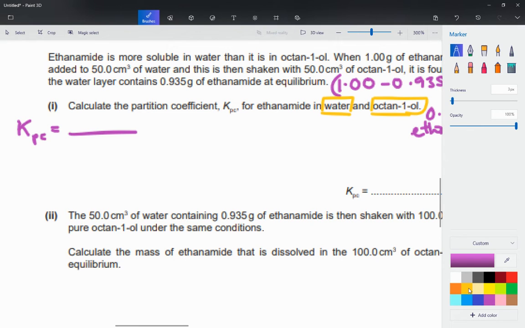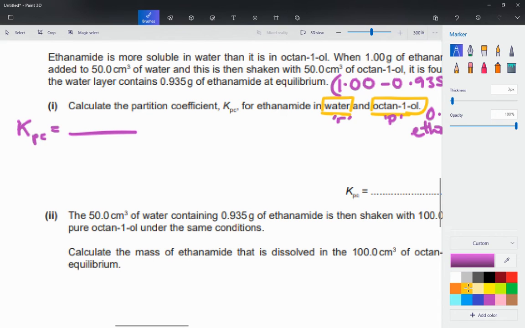But the way that the question is written is very important, because when they say calculate the partition coefficient for ethanamide in water, which is where it was at the start, and octanol, which is where the ethanamide is moving into, so that's your product. If you want to think about this in terms of reactants and products, it's not obviously a chemical reaction changing. It's just changing the solvent. So argument for another day.